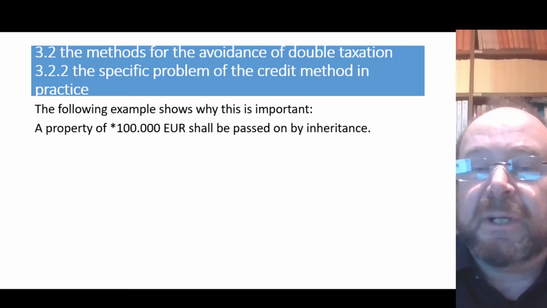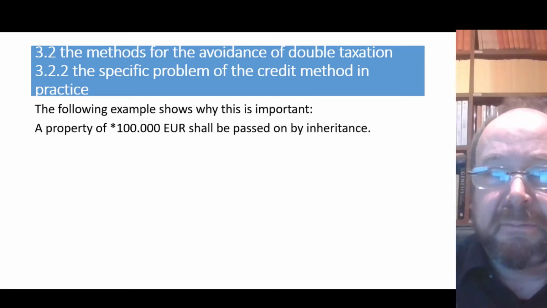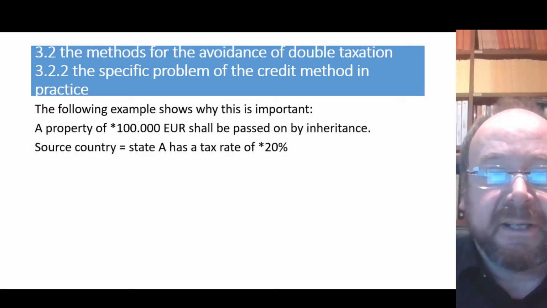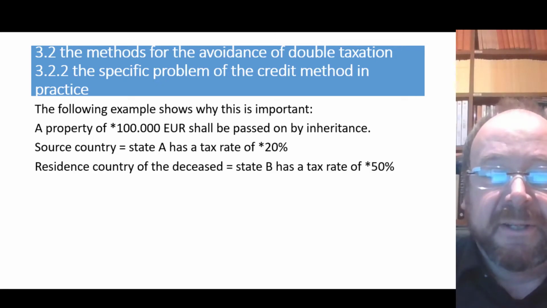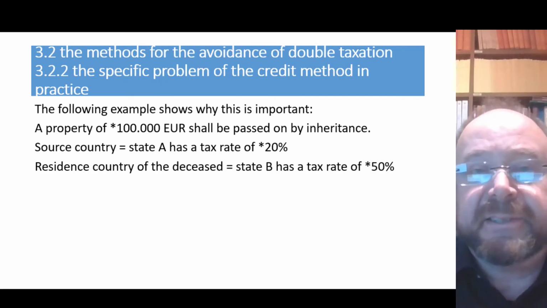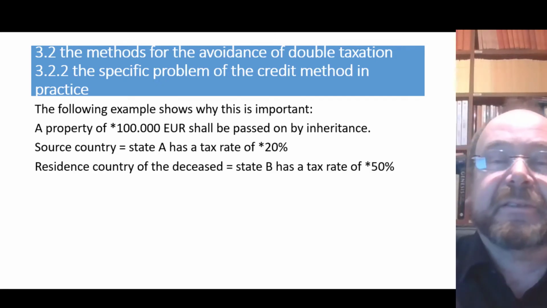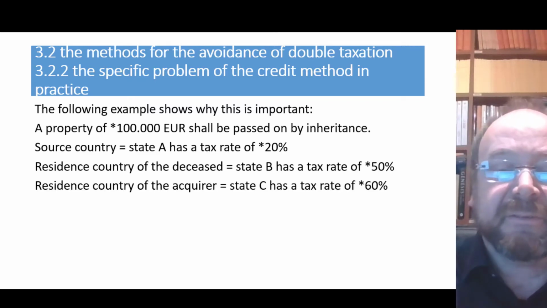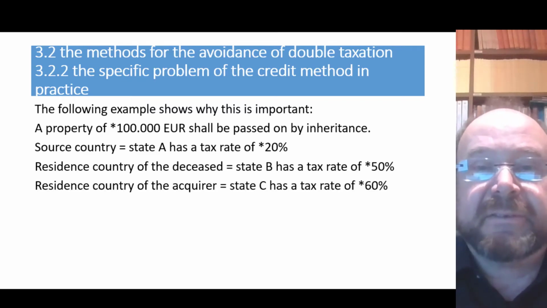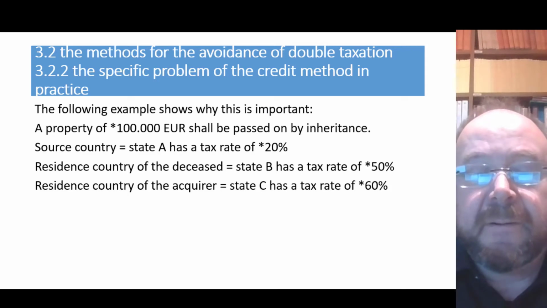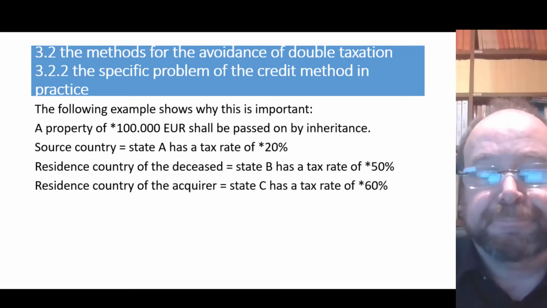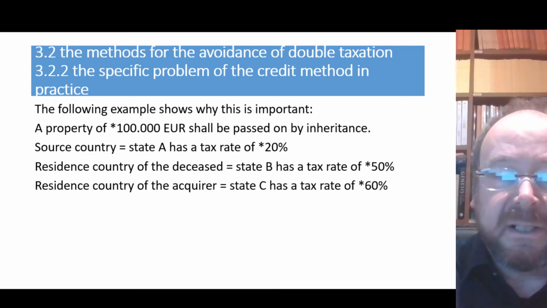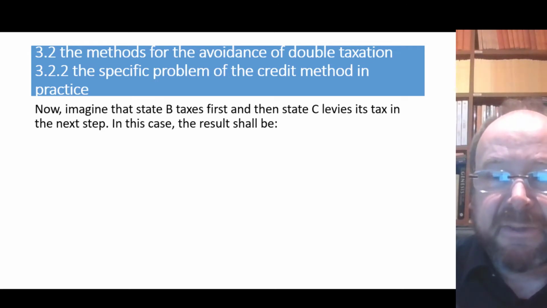A property of 100,000 shall be passed on by inheritance. Now, the source country shall have a tax rate of 20%. The country of the deceased is state B and has a tax rate of 50%, and the country of the acquirer, state C, has a tax rate of 60%. Now, let us imagine that state B taxes first and then state C levies its tax in the next step.